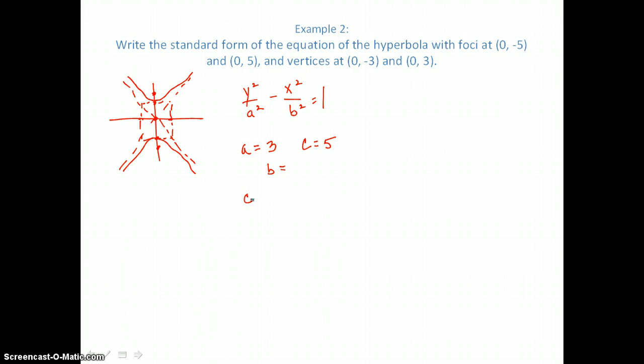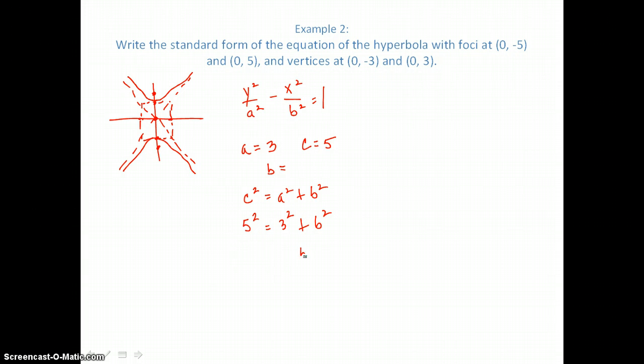So I'll use that equation, c squared equals a squared plus b squared, in order to find b. And for c I'm going to put 5, and for a I'll put 3, and I'll solve this equation for b.